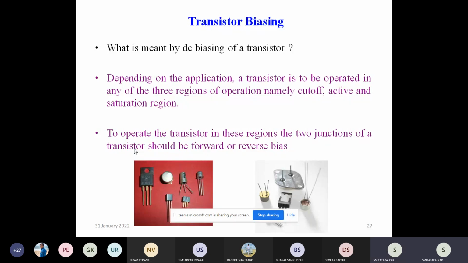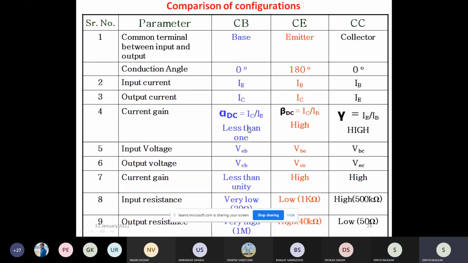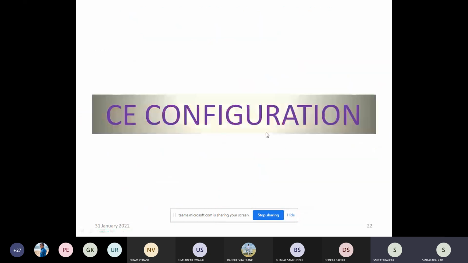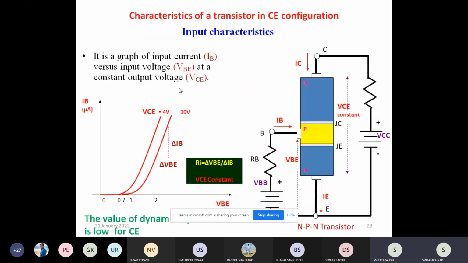In the previous session, we learned the CB amplifier characteristics, the common base configuration: input characteristics and output characteristics.